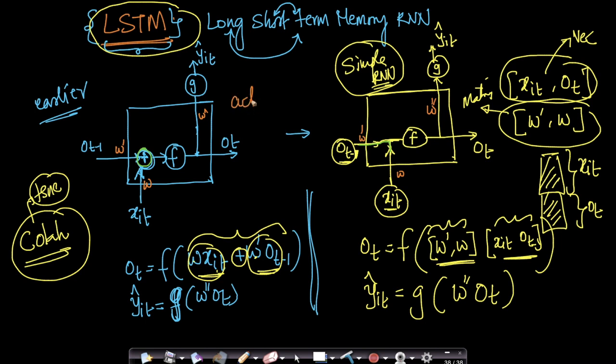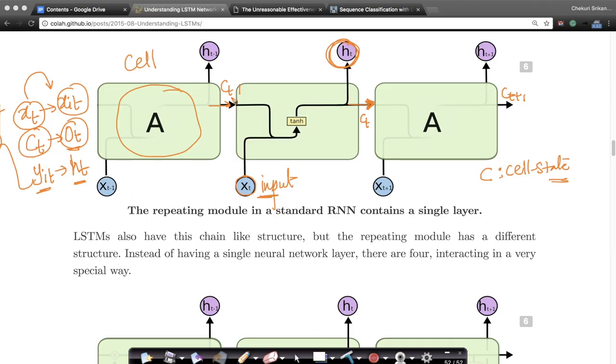This is the block diagram, also called a simple RNN cell. So you see this word cell used a lot. Ct is called the cell state. It is the state of the cell that is passed from one time step to the other. And ht is your output.